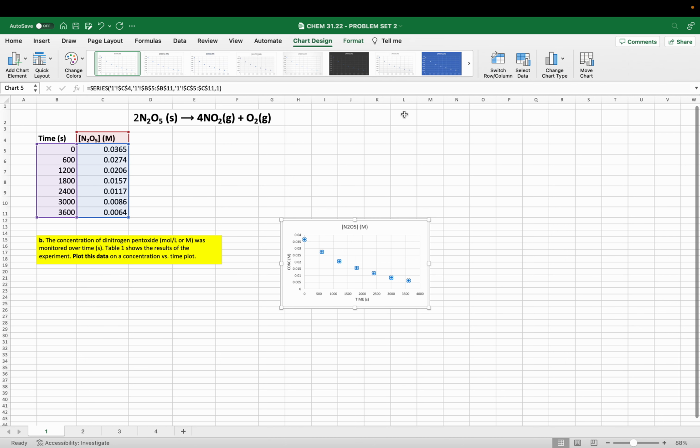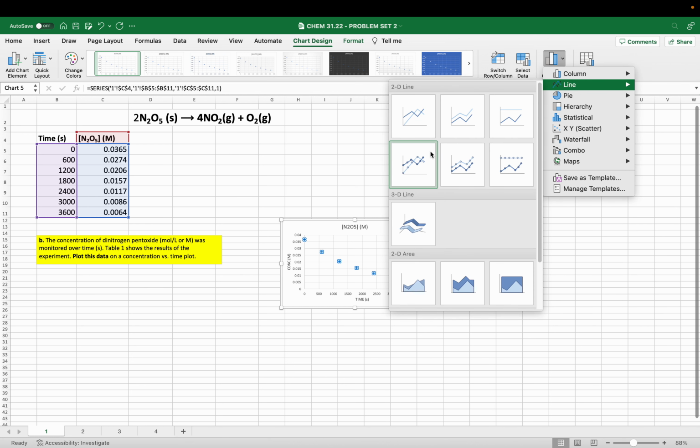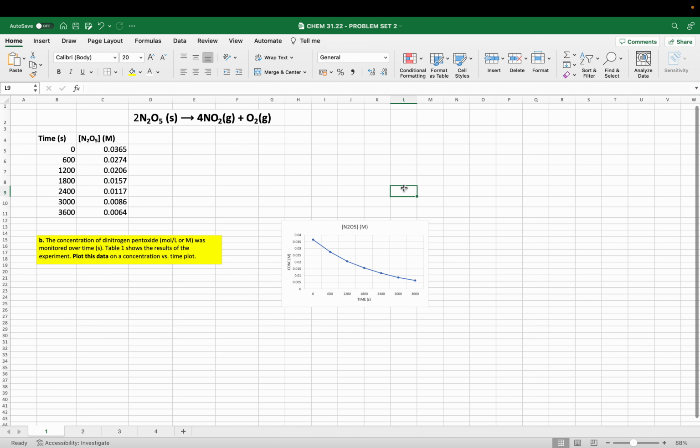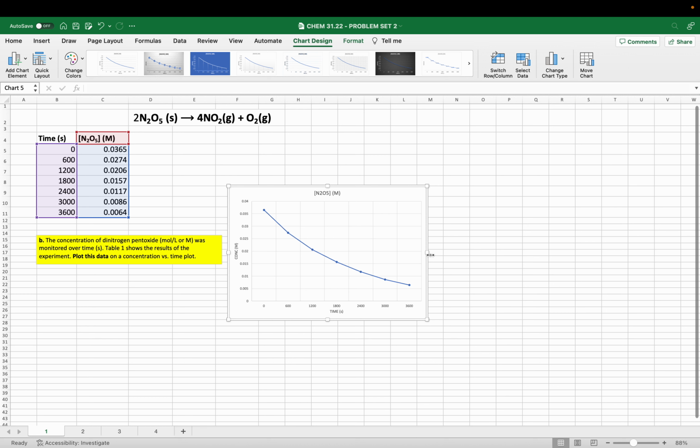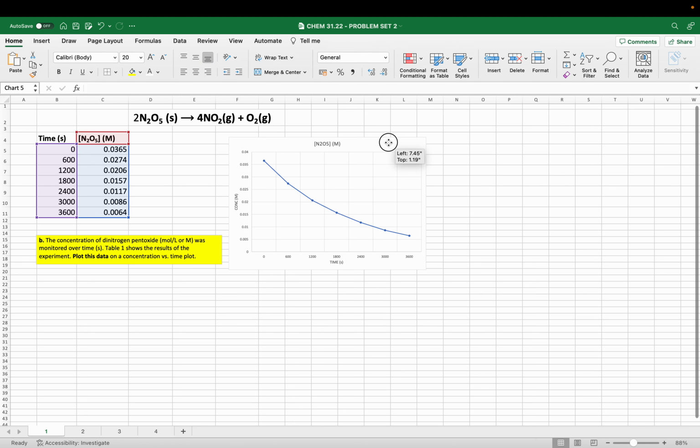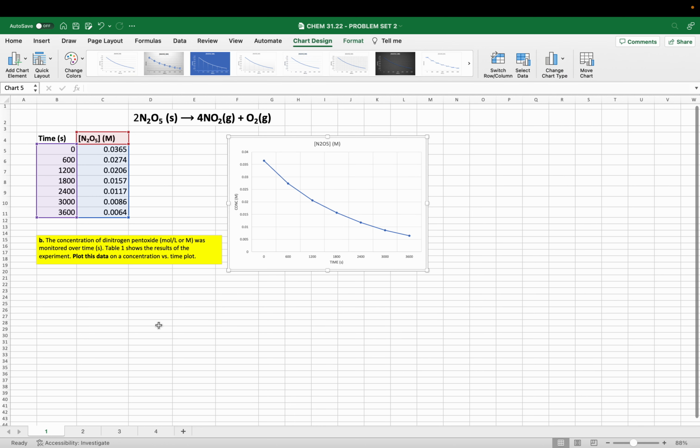You can even consider making sure that all the different data points are connected, since this is a continuous chemical reaction. But note that it's not always the case that we can connect data points.